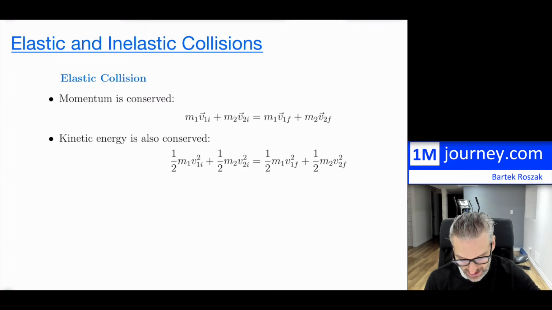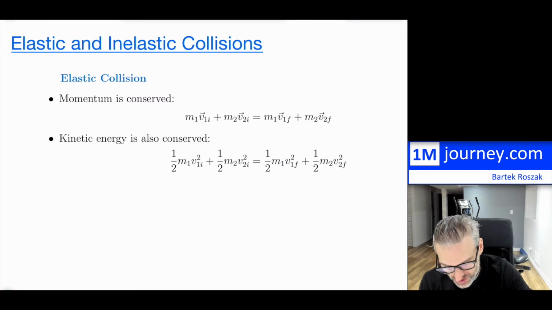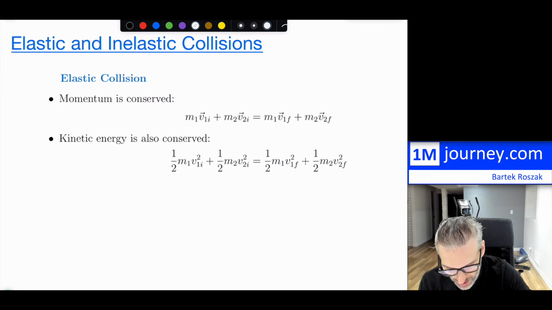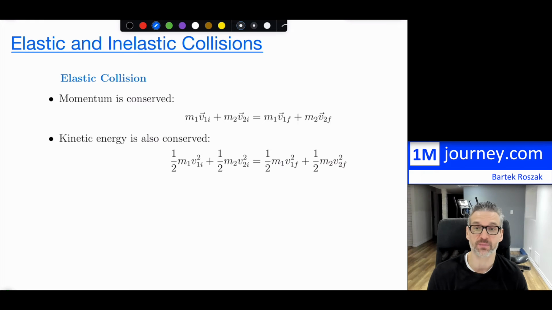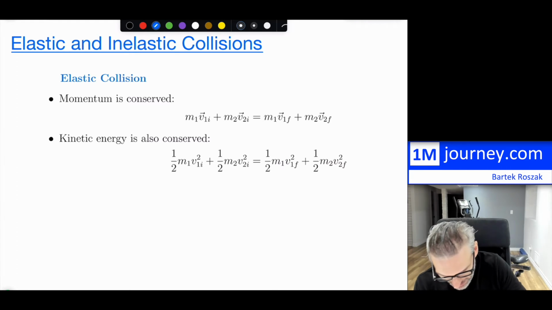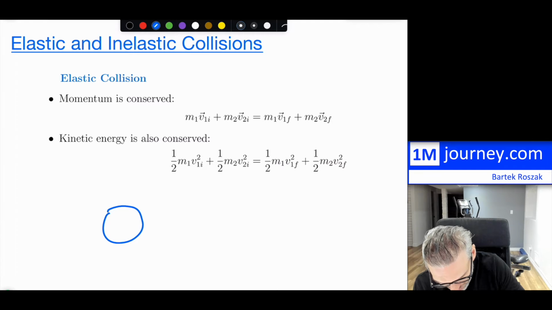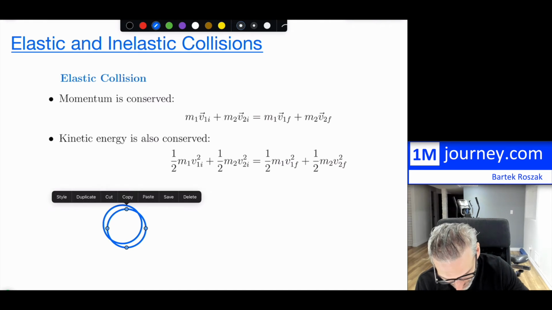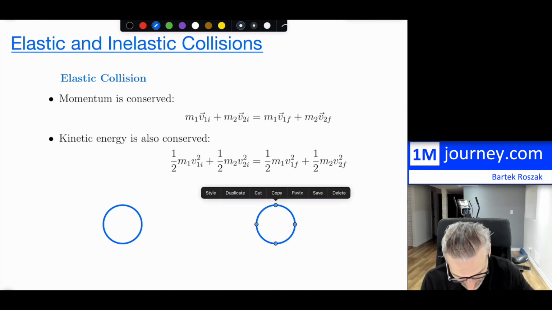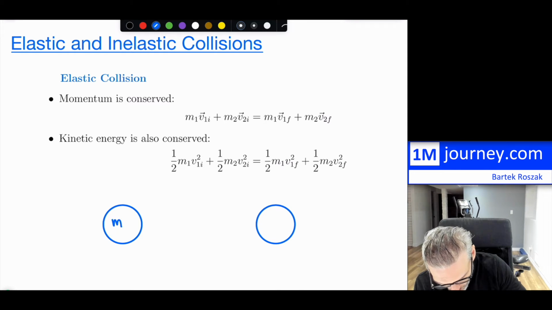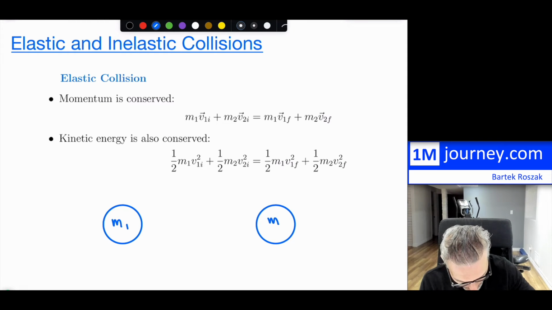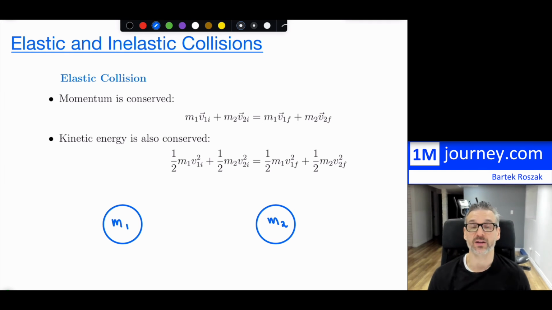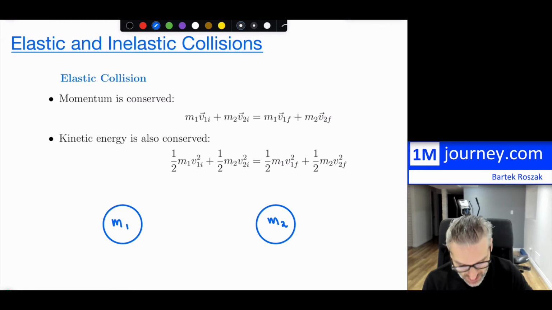What this states is, if you are dealing with, let's say, 2 objects, and here I'm referring to them as M1 and M2, I'll draw them as simply circular balls for the moment. So we have something of this nature. If I call this M1 and this one M2, and they go in and collide, well, before the collision, they're going to have a certain amount of kinetic energy.